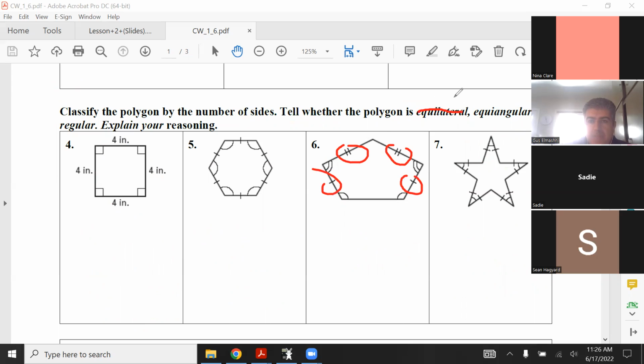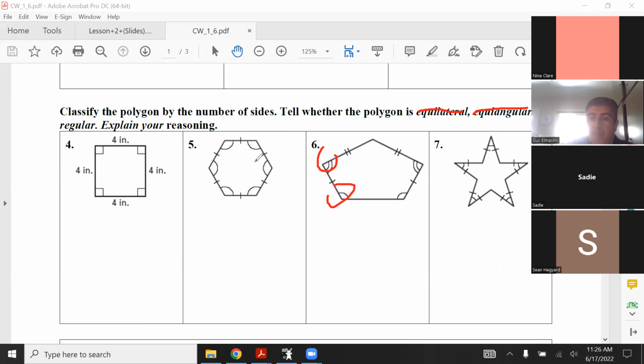So that's out. Then also you would need all 5 angles to be the same to be equiangular, which they are not because of the markings. And regular is when all the sides and all the angles are the same. So regular is like a higher up, right? It's even more special. But you need both equilateral and equiangular to be regular.